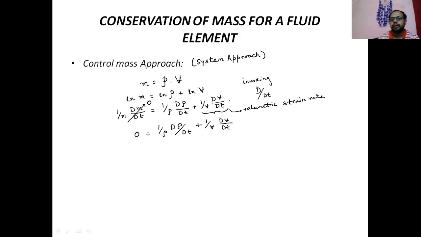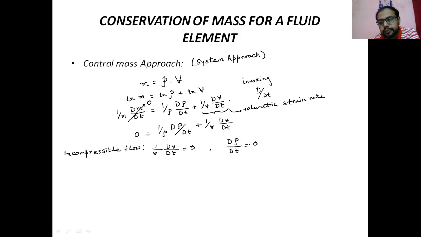Before going to any calculation, I'm just telling you here, if the flow is incompressible, mostly water, this liquid, everything we consider incompressible, then the volumetric strain rate is zero. As the volumetric strain rate is zero, from this equation we get that the total material derivative of rho is equal to zero.